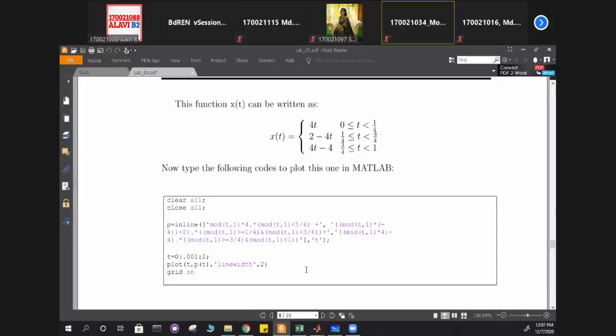We are defining the piecewise function with the conditions of the time, like from 0 to 0.25. We are using logical operators to do that.